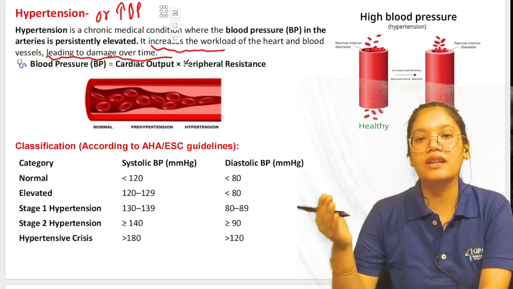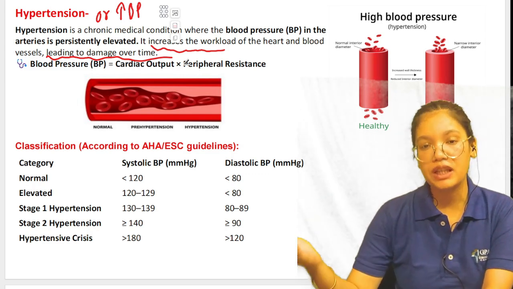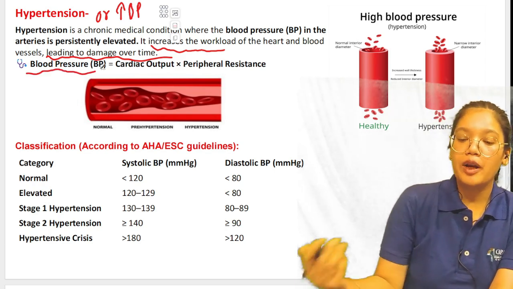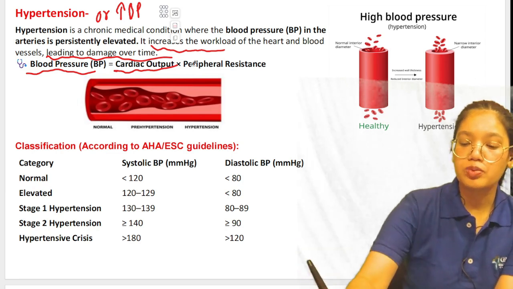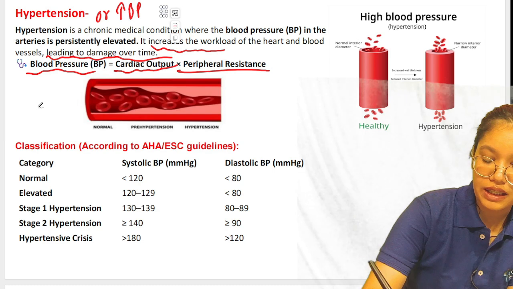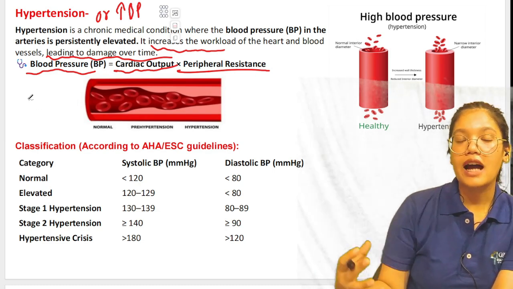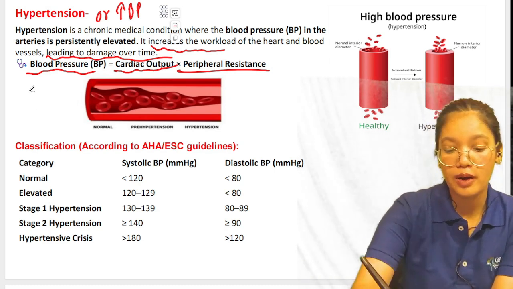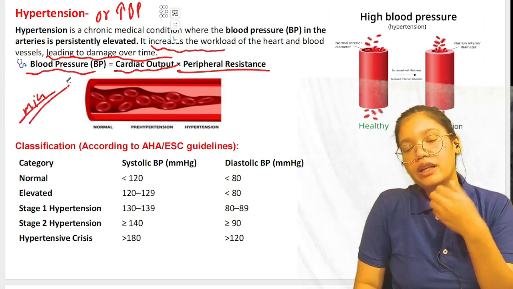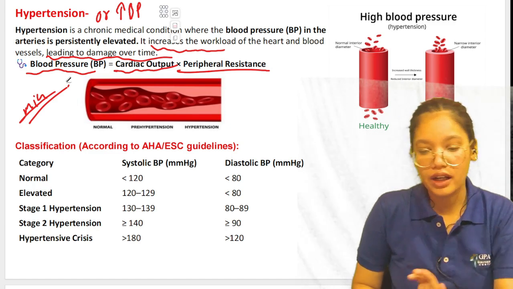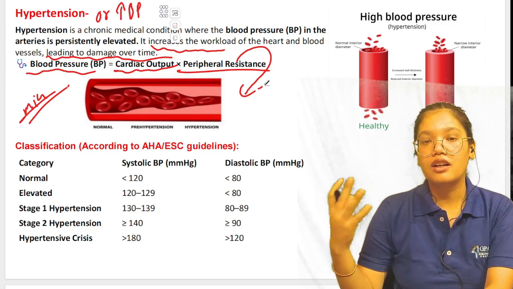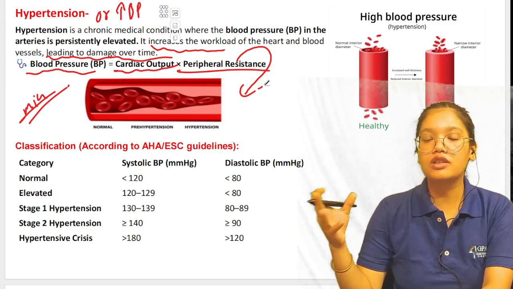Now, as we are saying, hypertension is the increased BP situation. So, what is this blood pressure? Blood pressure is basically the cardiac output times the peripheral resistance. Cardiac output is the amount of blood that the heart pumps over a minute, and peripheral resistance is the resistance that the blood faces during the flow through the blood vessel.